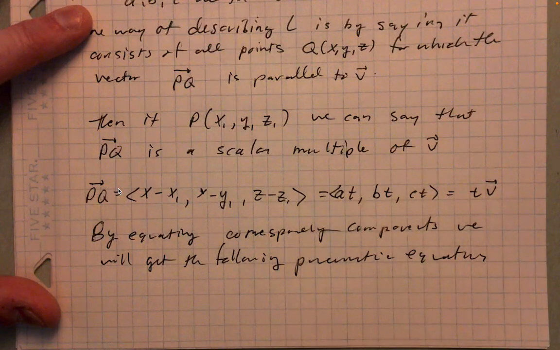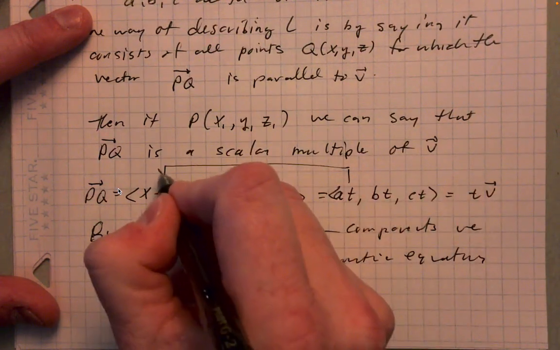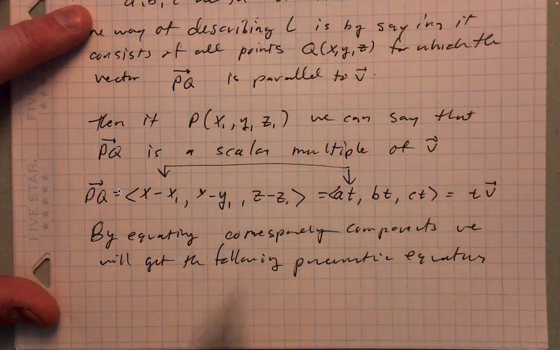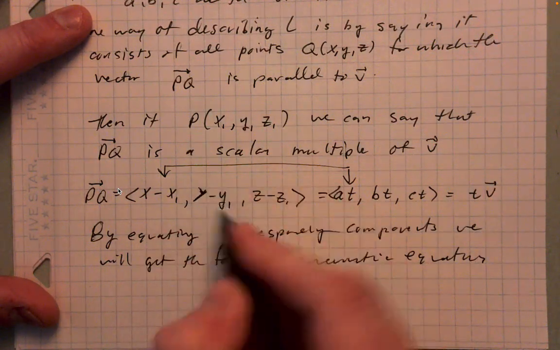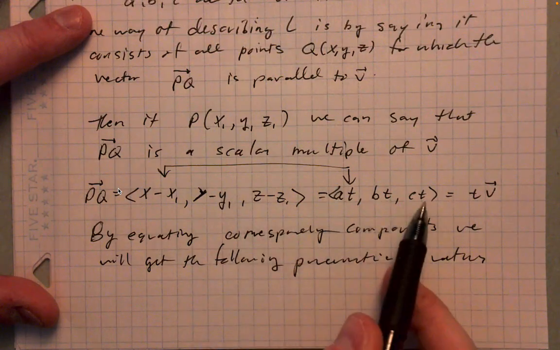What I mean by corresponding components are these two here: x minus x1 is equal to at, y minus y1 is equal to bt, z minus z1 is equal to ct.